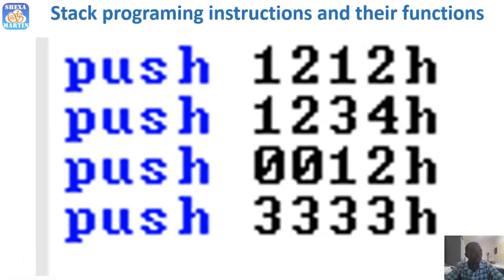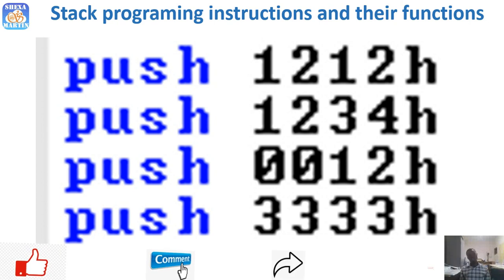Right, here is an example of a push instruction. What is happening here? What are we doing with these instructions? Push 1212, we are pushing 1212 onto the top of the stack. And then, what are we pushing?